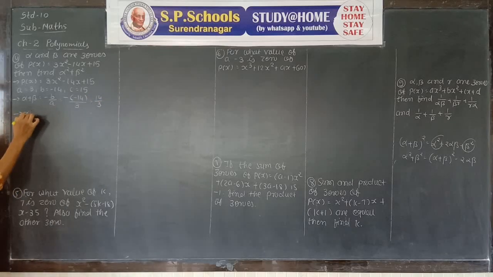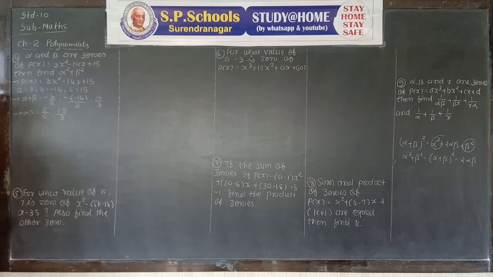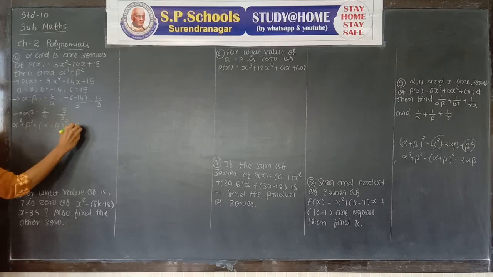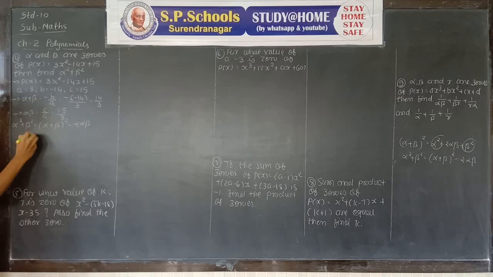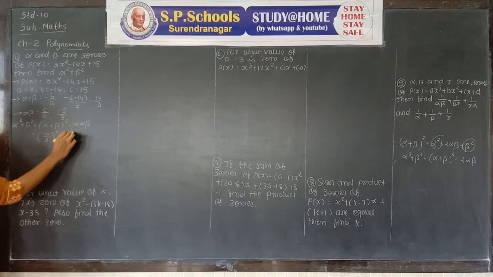Now alpha into beta is equal to c upon a, where c is equal to 15 and a is equal to 3. Now alpha square plus beta square is equal to alpha plus beta whole square minus 2 alpha beta. Alpha plus beta whole square is 14 upon 3 whole square minus 2 alpha into beta, which is 15 upon 3.